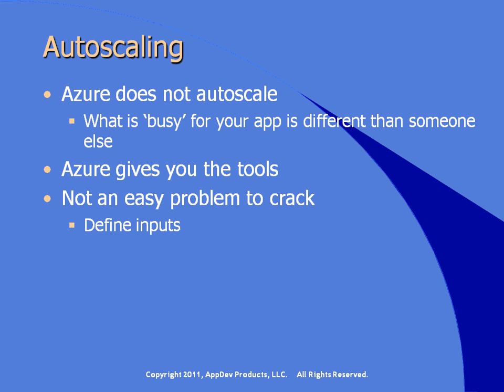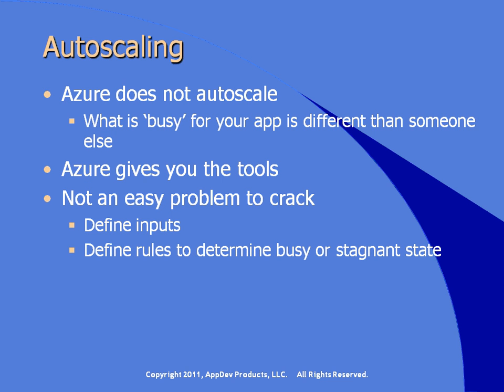So, for example, there are certain things that you need to take into consideration when you're developing your own scaling solution. For example, there are no defined inputs. You need to define your own rules to determine what's busy or what's not busy. So again, what's busy for you might not be busy for somebody else. You need to make the necessary adjustments in your application to determine how to scale and when to scale.